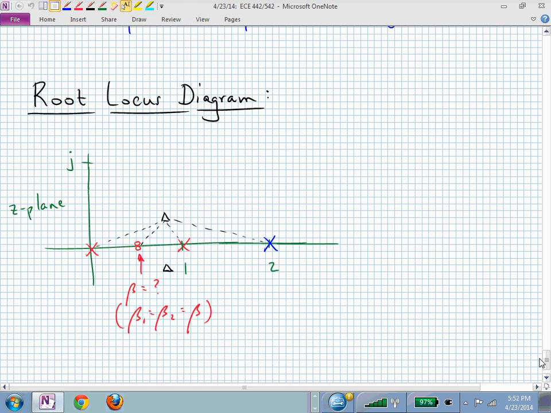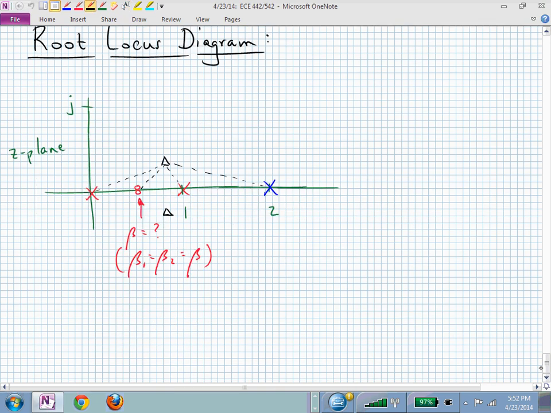But what you don't know is where you're going to put those zeros. To make the analysis simple, let's try a simple solution and put both zeros right on top of each other. So I just have to calculate one angle for the zeros and include it twice.